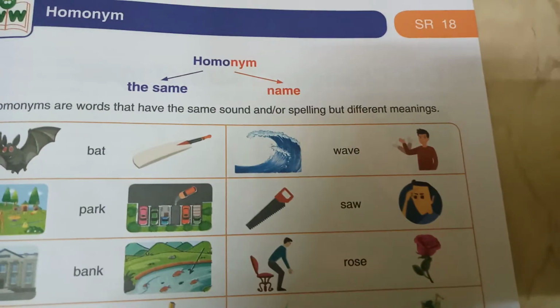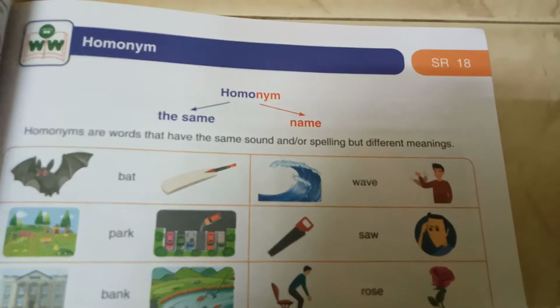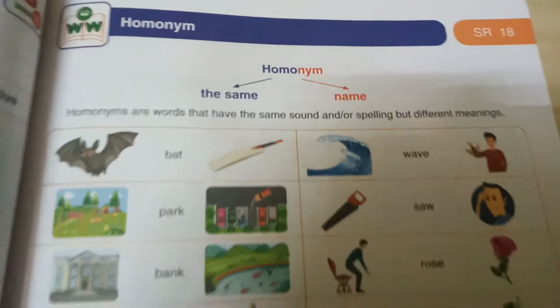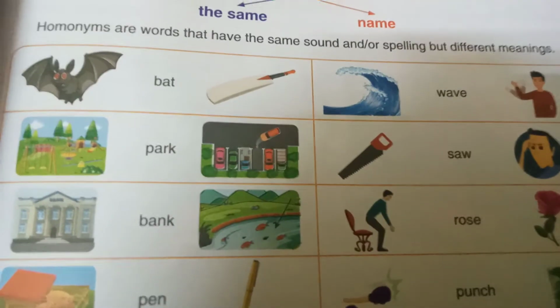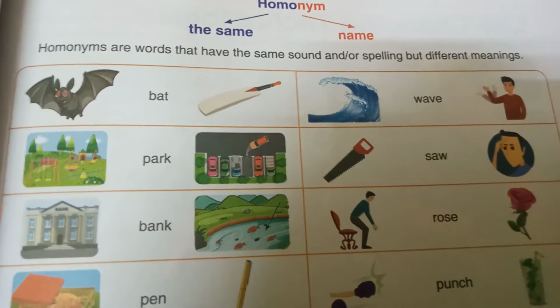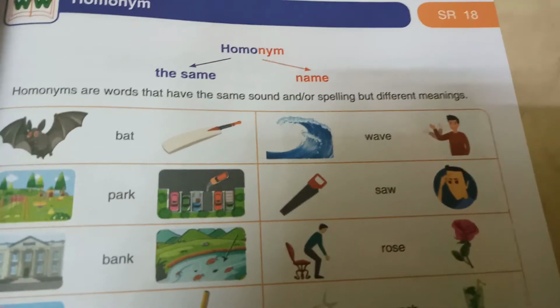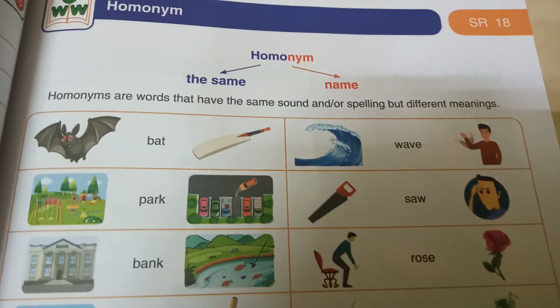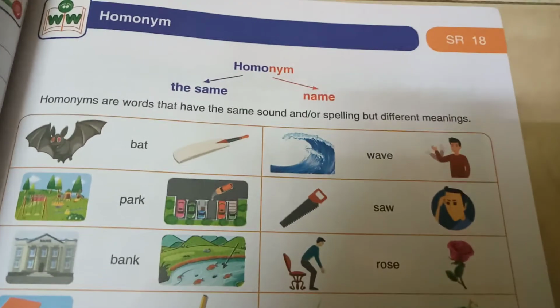Then saw means you're seeing, saw. Another saw is what a carpenter uses. Bank, river bank is there, and normal ATM bank is there. Rose, standing up from one place. Rise, past tense, rose. Another rose is a flower.